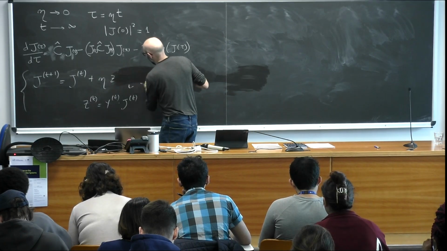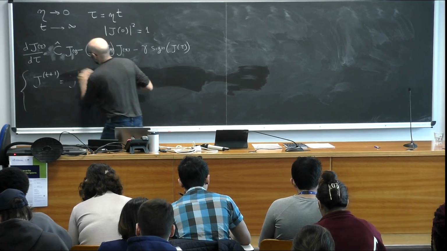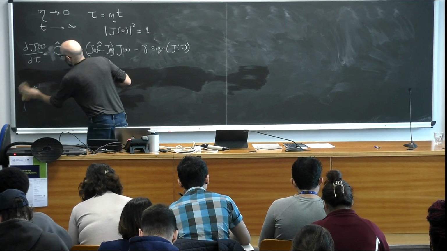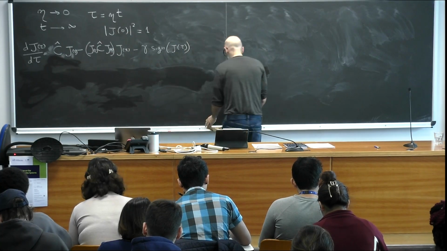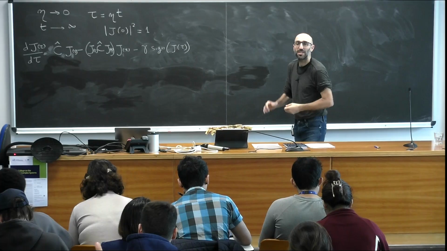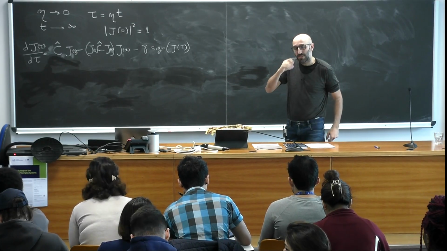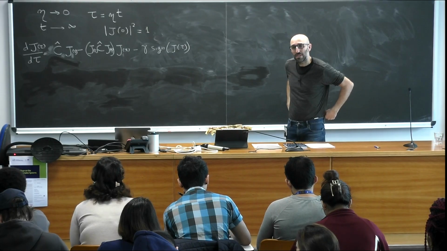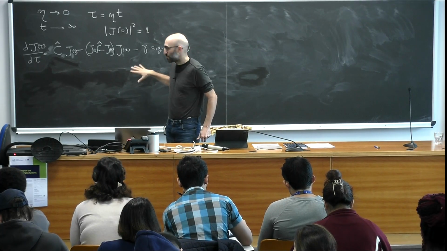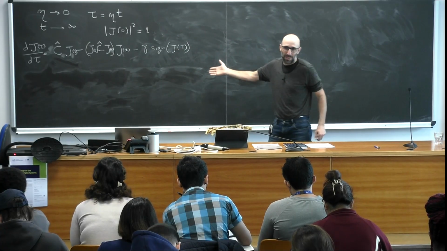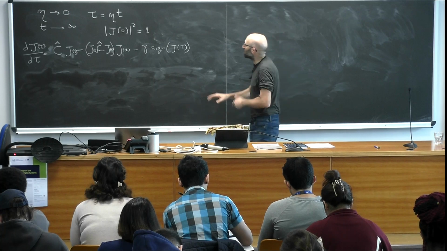Now the analysis is a bit more complicated because we cannot solve the equation explicitly in general. In this case, the norm is not going to be preserved, so we have to see what happens.